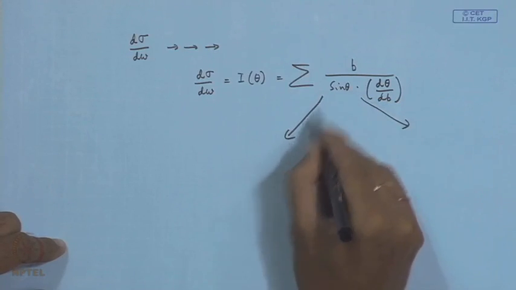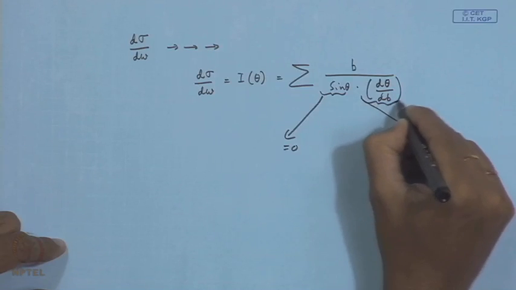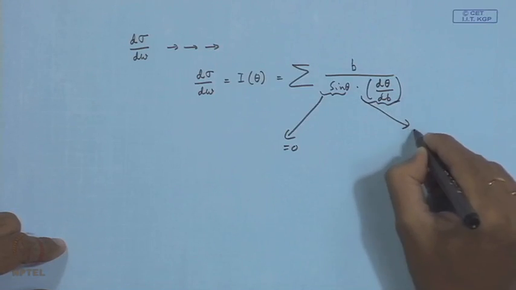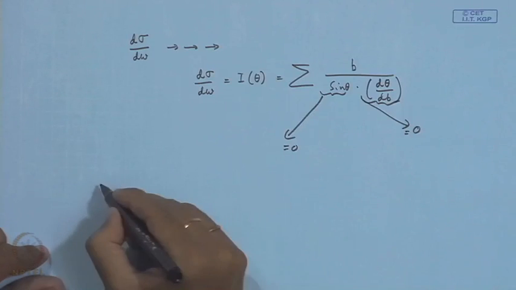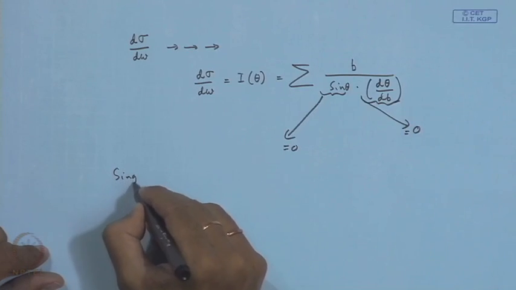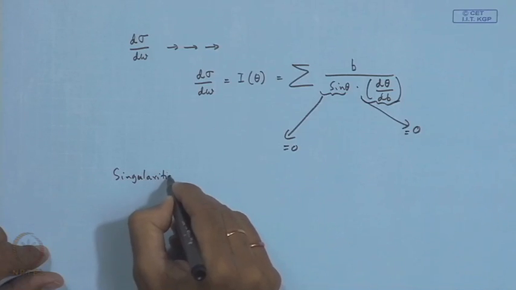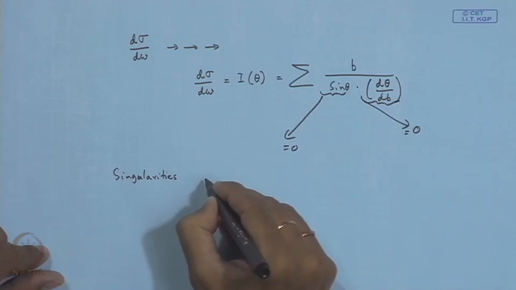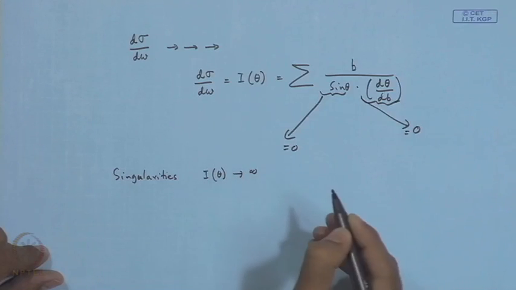One is if sin theta equals 0, the other is if d theta dB is equal to 0. So, two singularities, that is I(theta) tends to infinity.